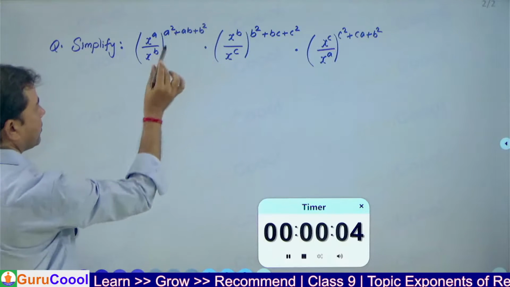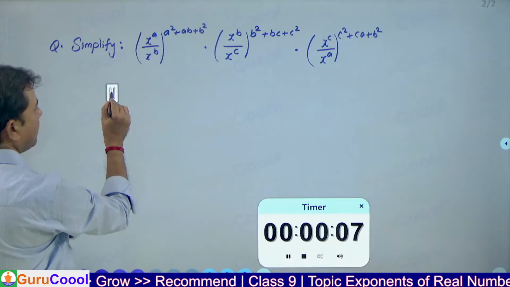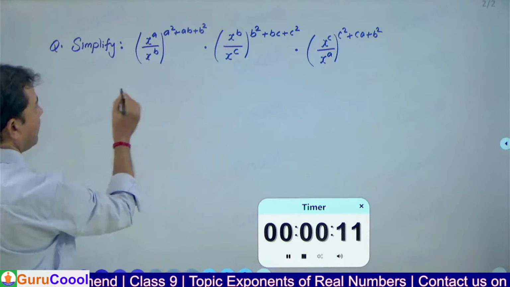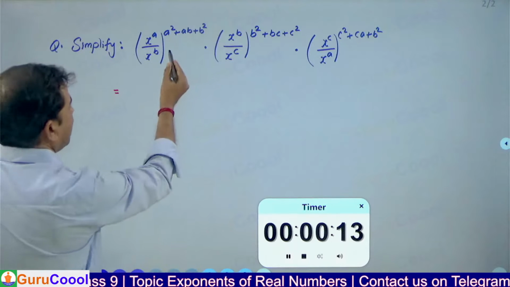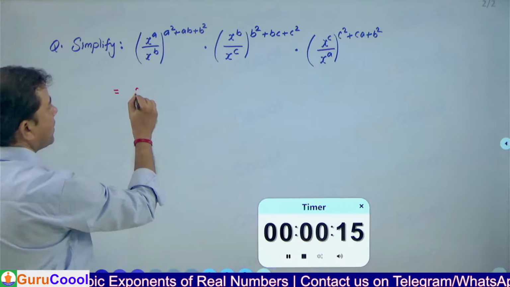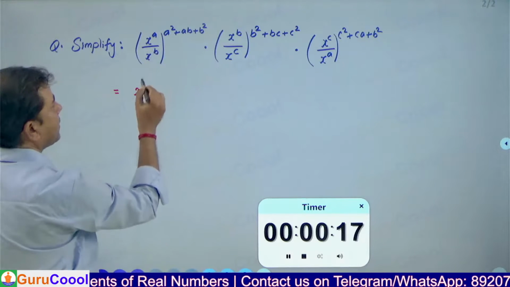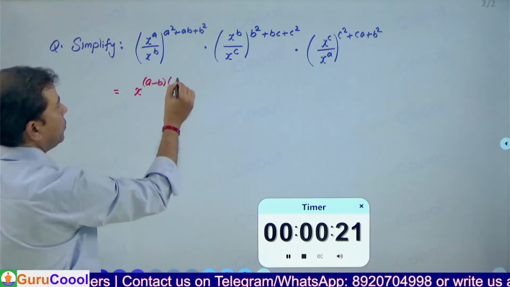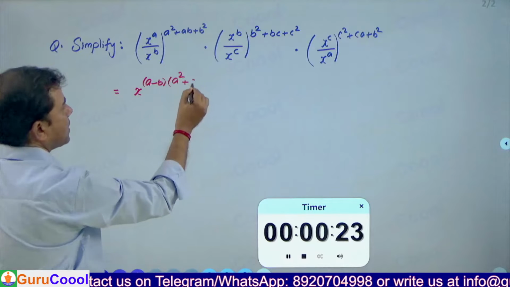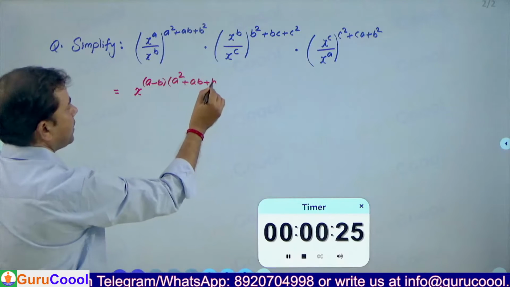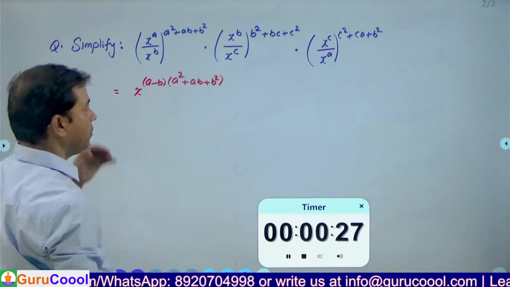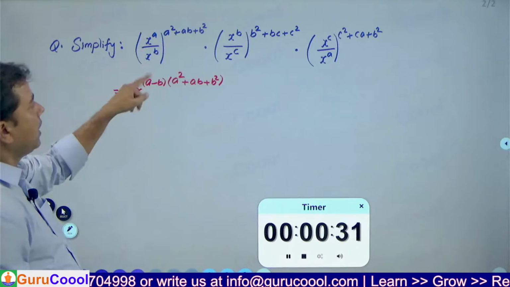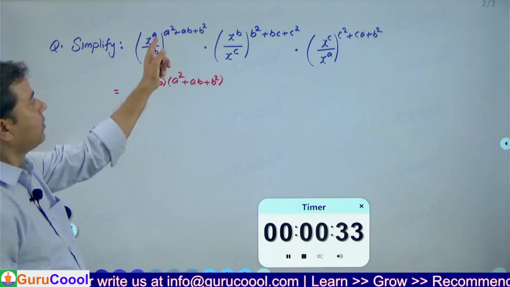First step is this only. Next step, x raised to the power a minus b into a square plus ab plus b square. I hope it's not a problem for you. You already know power will be subtracted, a minus b, and power to the power, double power, will be multiplied.